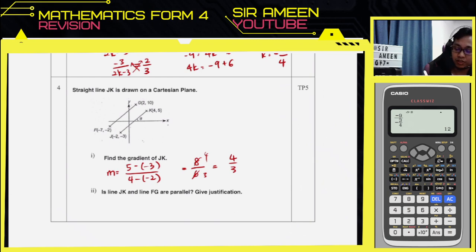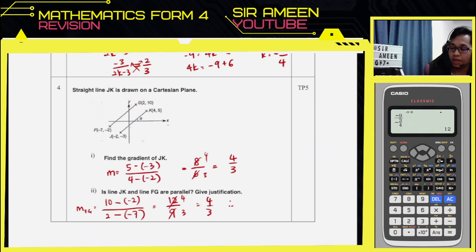The gradient of FG would be 10 minus negative 2 over 2 minus negative 7. 10 minus negative 2 is 12, and 2 minus negative 7 is 9. Simplify, you would get 4 over 3.